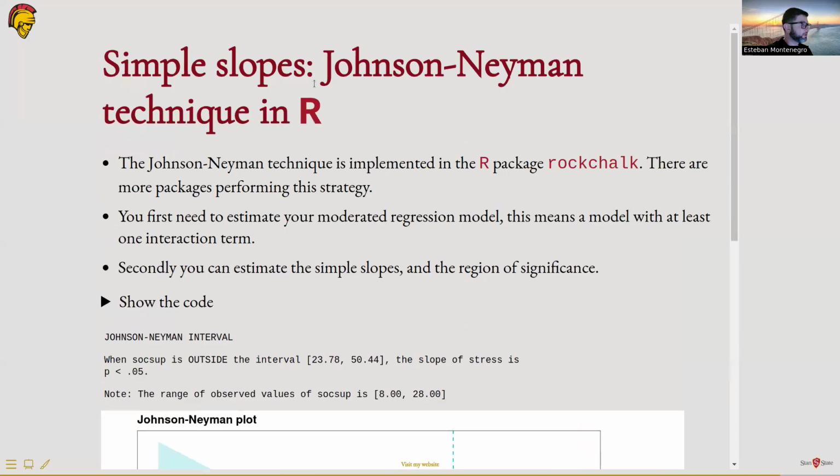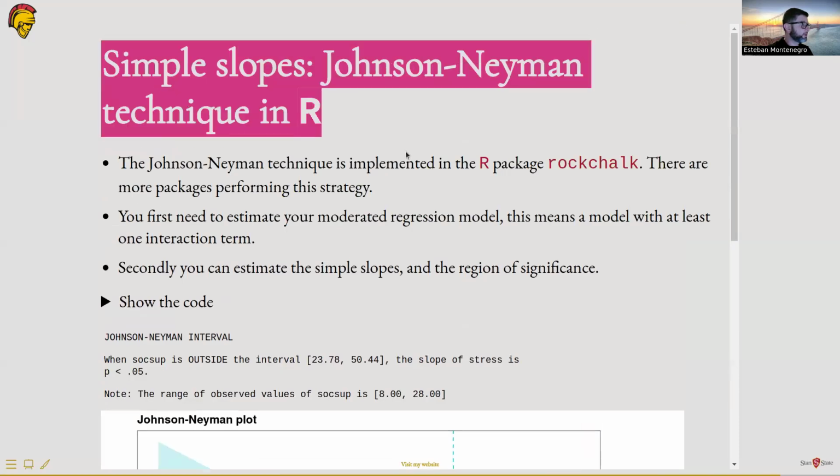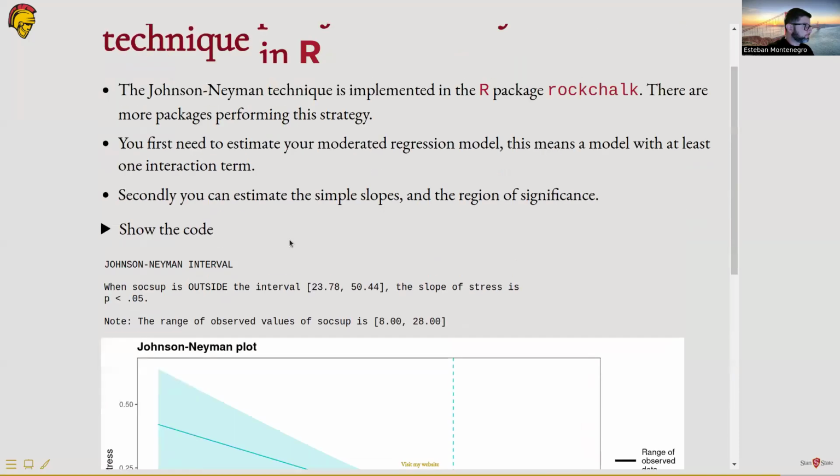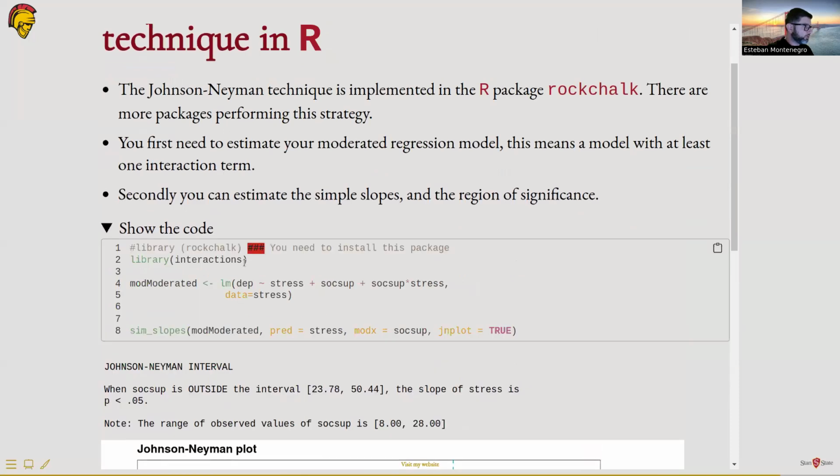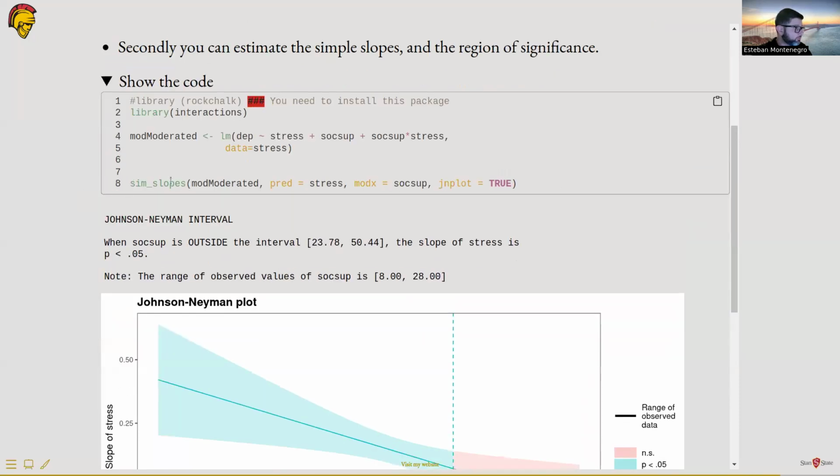That's also called like that. So by running this code using the package, I need to delete this part to pay attention to this note right here. If you use the package interactions and run this function, that's the only thing you need.